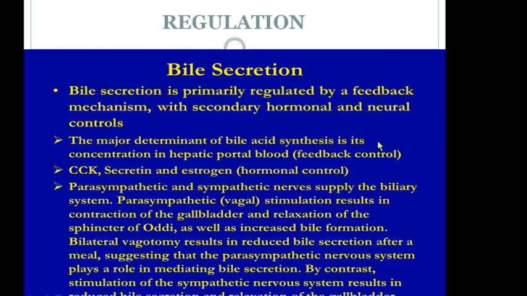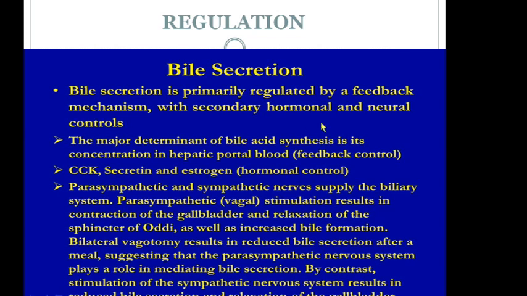Major determinant of bile acid synthesis is the concentration in the hepatic portal blood, that is called the feedback control. Means in fasting there is no bile salt formation, but after eating food, bile salt formation occurs for 3 hours. Means when the acidic chyme enters into the intestine, there is a requirement of bile acid, so there is a formation of bile acid.